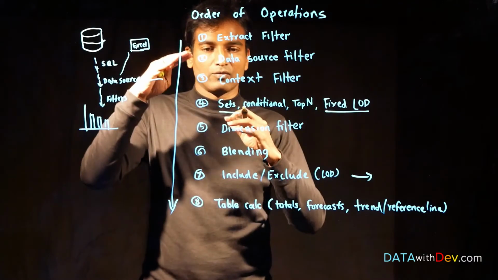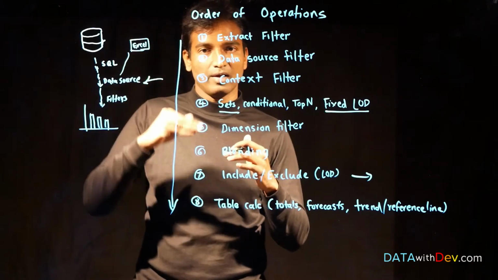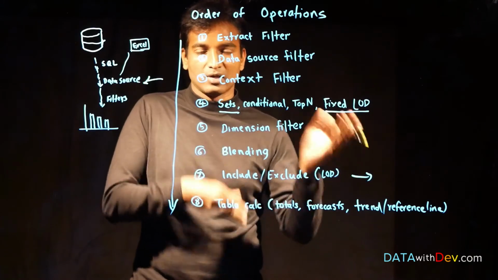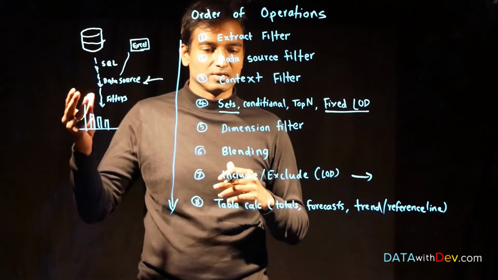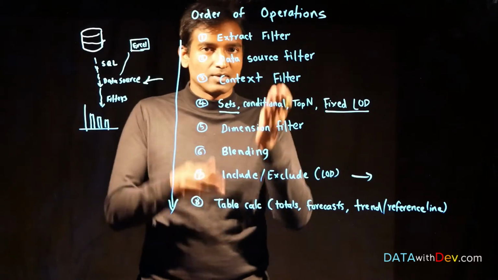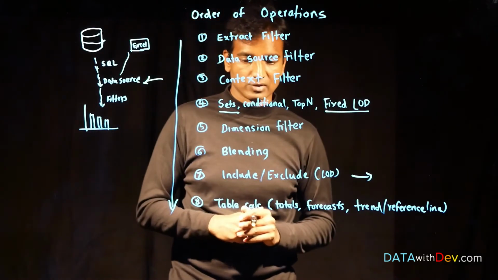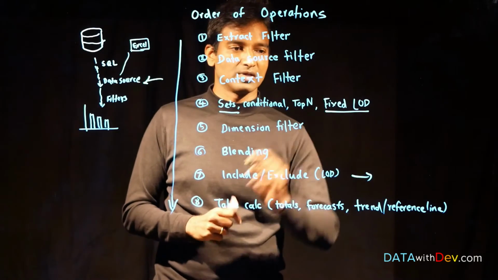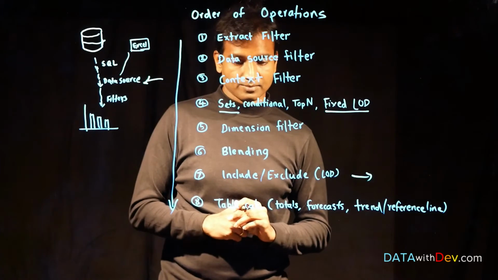If you think about the geographic data at the country, state, and city level, maybe though you're showing data about an individual city, there are some metrics you're trying to get from the state level or the country level, and those kinds of things can be helpful to jump up and down the level of detail that you have on a particular visualization. Again, we're going to have an example on fixed LOD, which will make it much clearer, so just hold on until then.